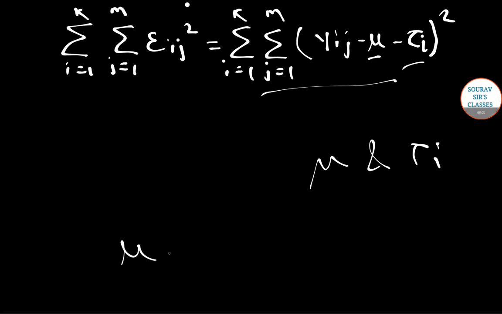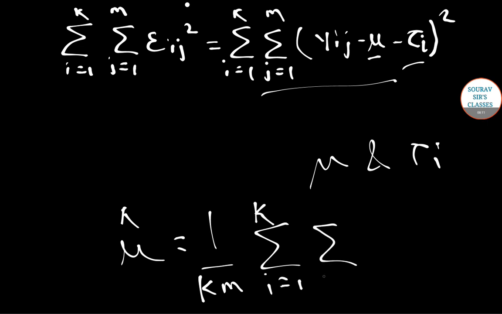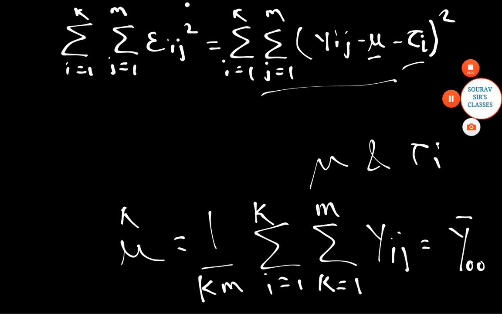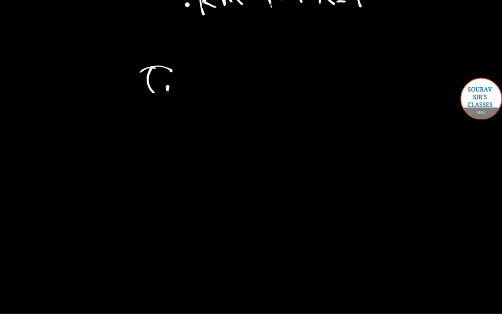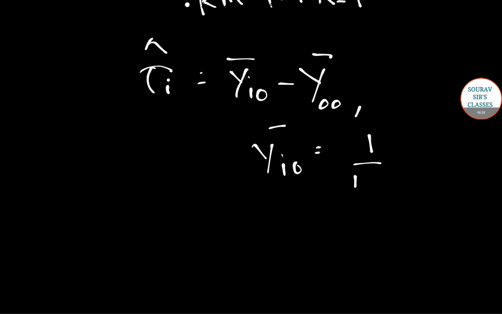We will get the estimates as μ cap equals 1 by km summation i equals 1 to k, summation j equals 1 to m of Yij, which is denoted as y double naught cap, and τi cap equals yi naught cap minus y double naught cap, where yi naught cap is the mean of Yij's for one factor, that is 1 by m summation of Yij, j equals 1 to m.